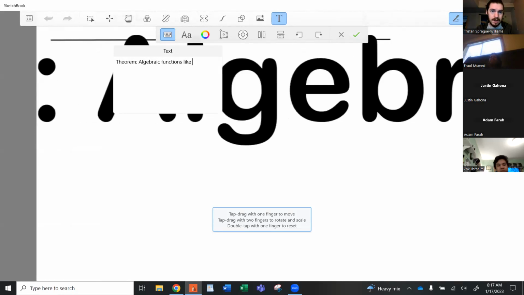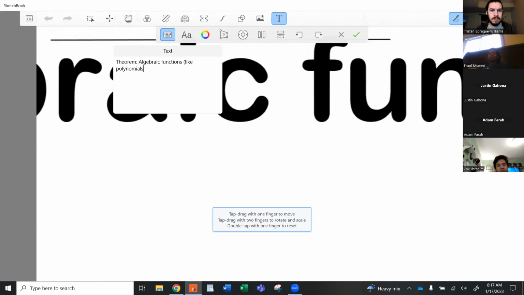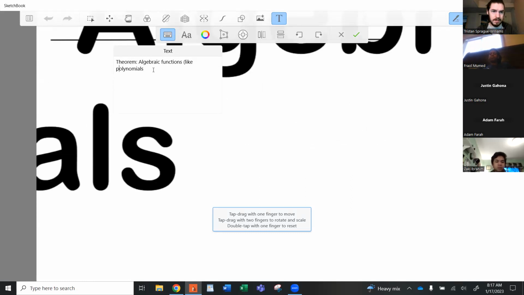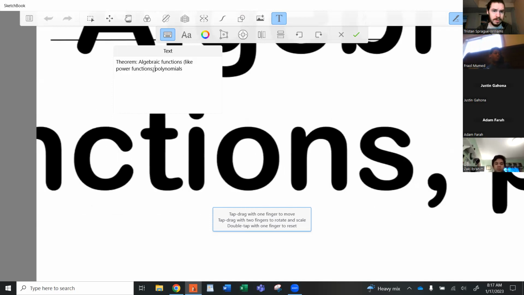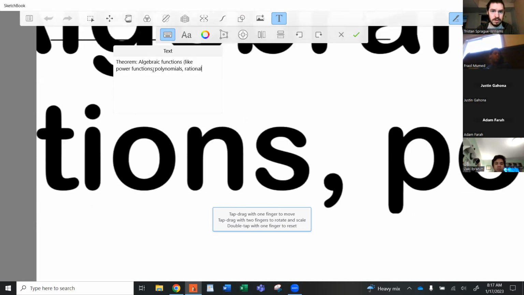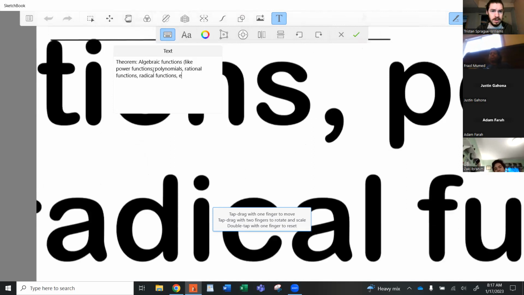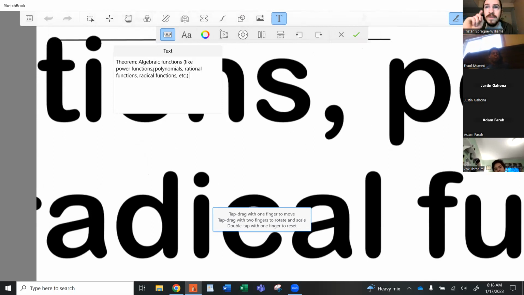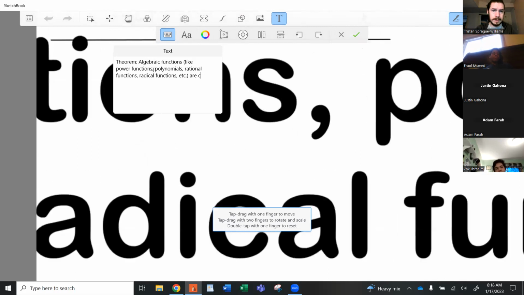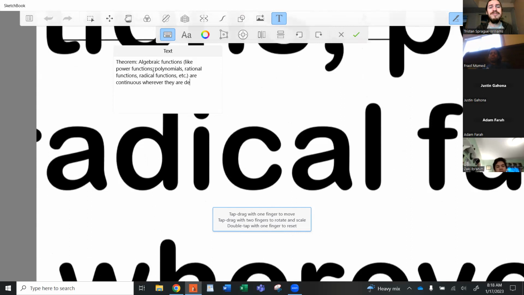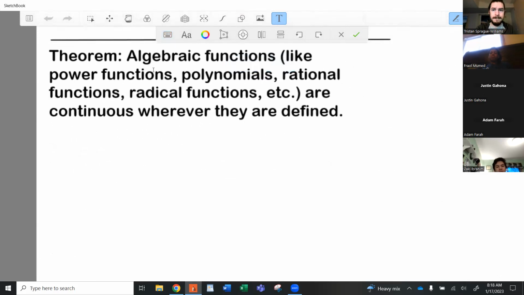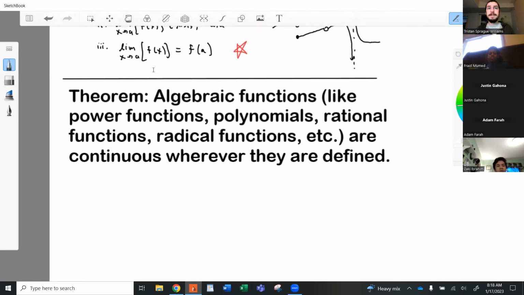Algebraic functions like power functions, polynomials, rational functions, radical functions, etc. Let me put power functions first, actually. I like to put power functions before polynomials. Those sorts of functions are continuous wherever they are defined. These are a lot of the types of functions that you study in college algebra.